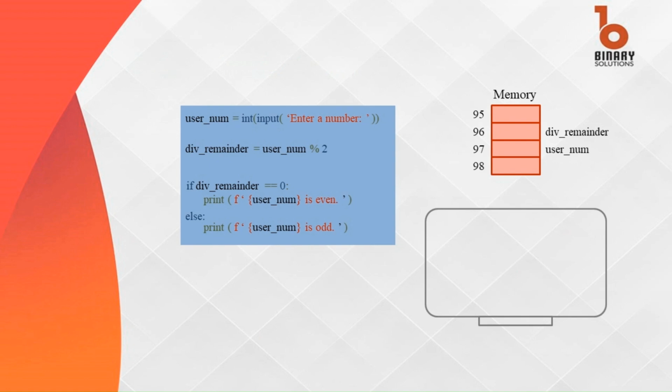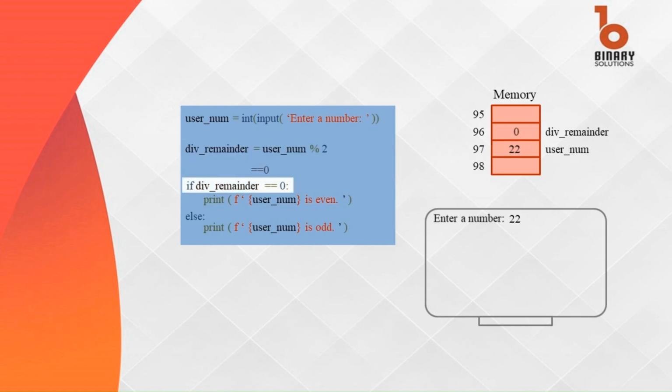In this example, the program determines whether a number entered by the user is even or odd. The if statement checks if the remainder of dividing the number by 2 is 0, indicating the number is even. If true, the if block executes, otherwise, the else block executes. For instance, when the user enters 22, user num % 2 evaluates to 0, making div remainder equal to 0.